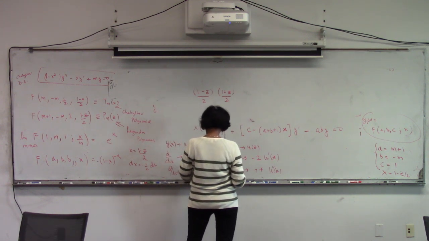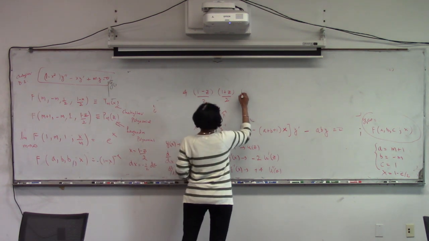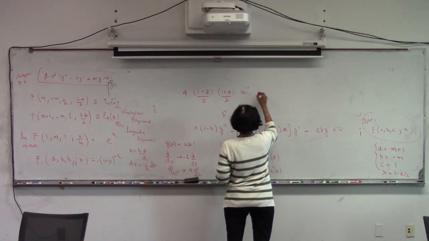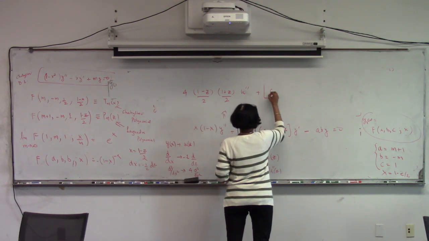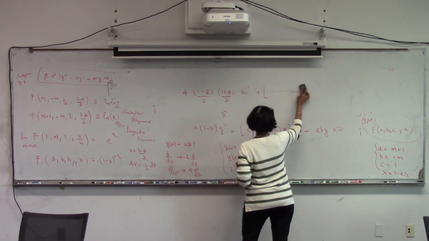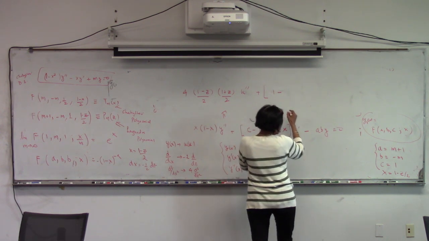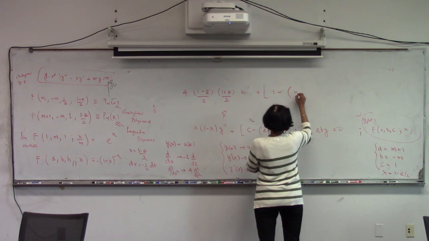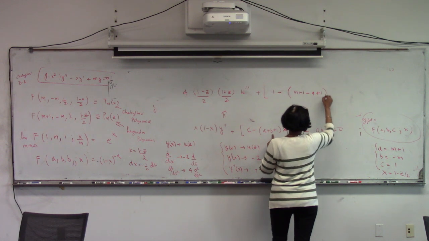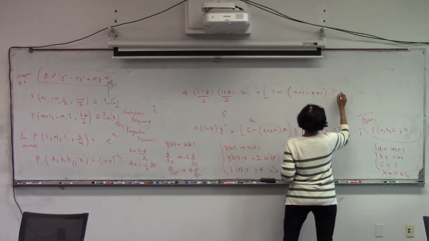Why? This one is what? 4 times e this plus c minus a. A is now, let's start substituting for everything. C is 1, minus a is m plus 1, b is negative 1 plus 1 and x, B is negative m.